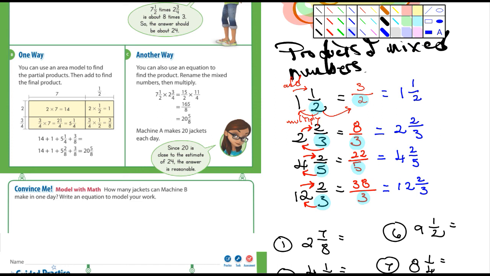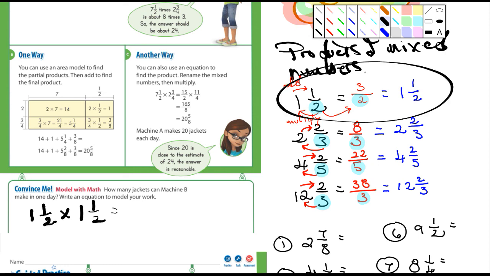And the reason I showed you how to do this is because if you need to multiply mixed numbers, for example, I'll just come right over here. Let's say I had to multiply 1 1/2 times 1 1/2. I can't do that. I need to convert them into improper fractions. Well, as you learned, 1 1/2 is the same as 3 over 2.